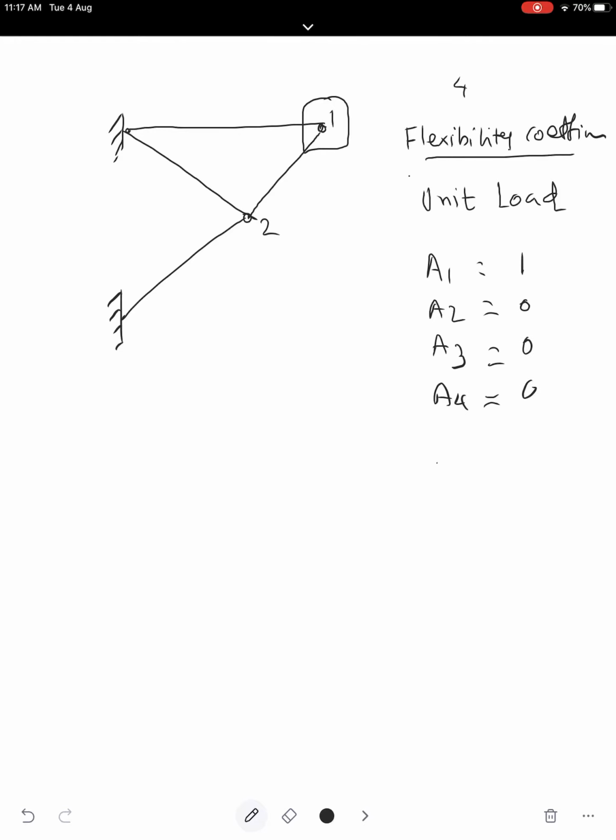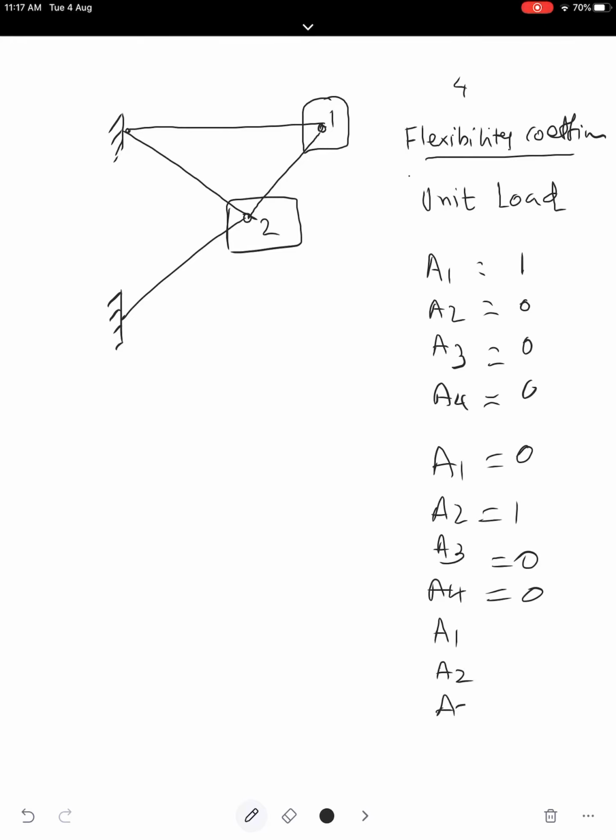In second case, we will apply 0, 1, 0, 0. Then in third case, we will pick up second joint and we will apply load 3 as unit, and rest of the loads are 0.